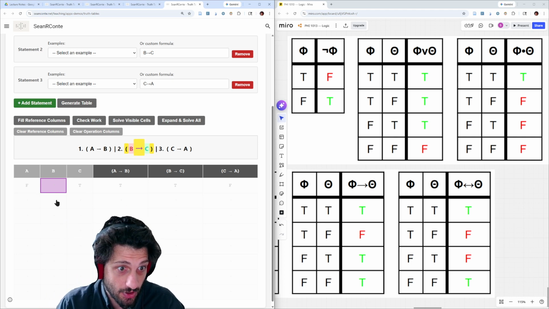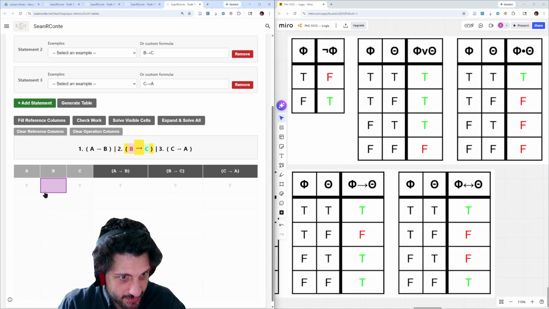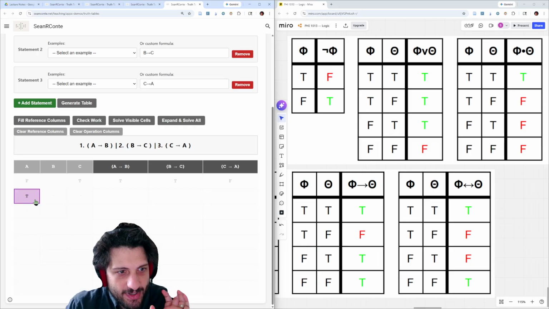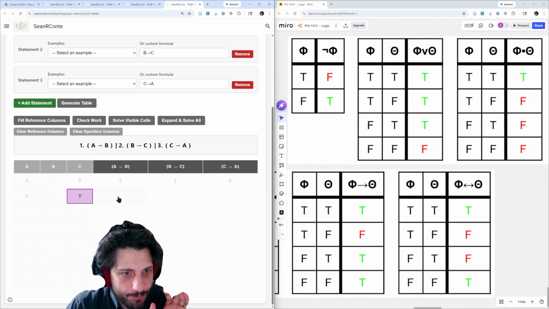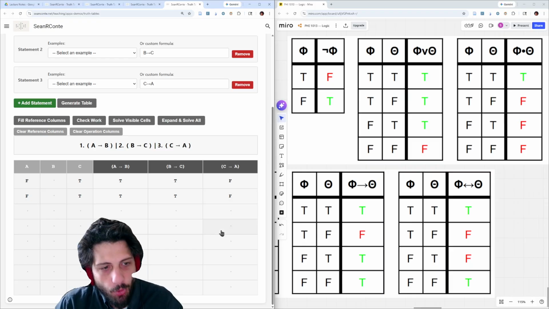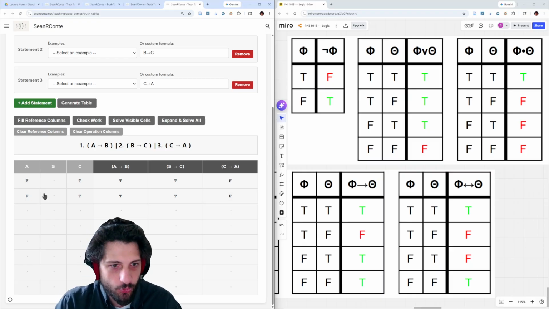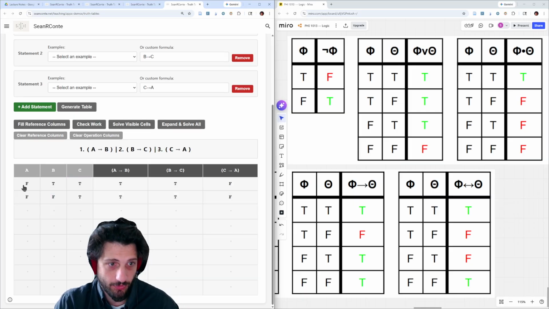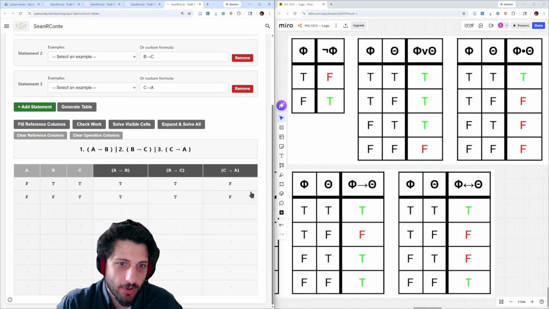Sometimes you might not be sure between three different alternatives. But here, I'm just going to copy this whole row down, so that I can look at both cases. I wasn't sure, should B be true or false? So now I'm going to look at the row where it's true and the row where it's false.